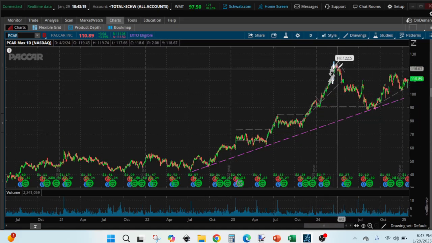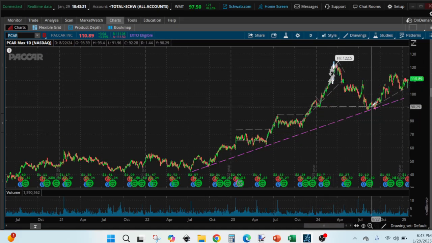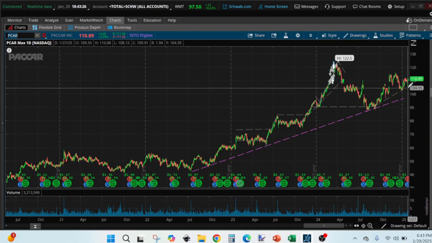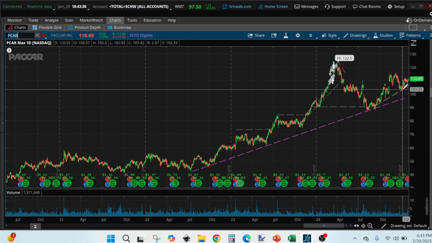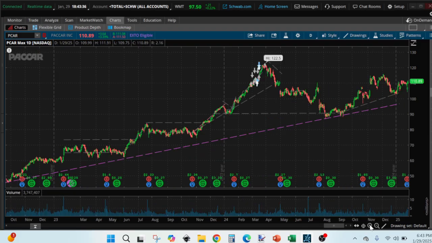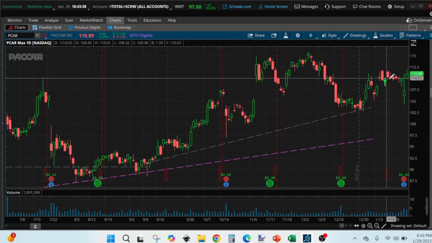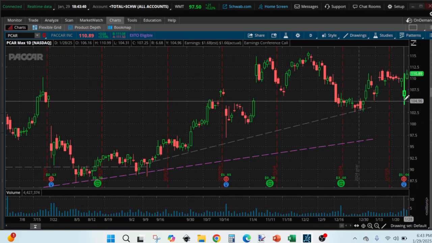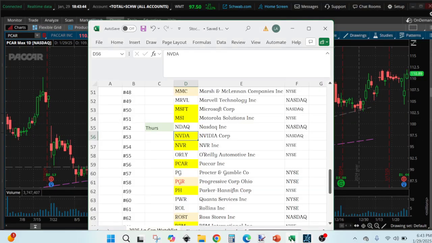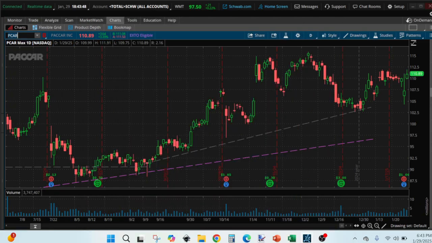We purchased it at the peak of it and it pulled back, went up, pulled back a little bit to use this area as a support line, and it's right there. Let's zoom in a little bit to see what is going on. So yeah, it pulled back and started going up from there. So the next one is PG.